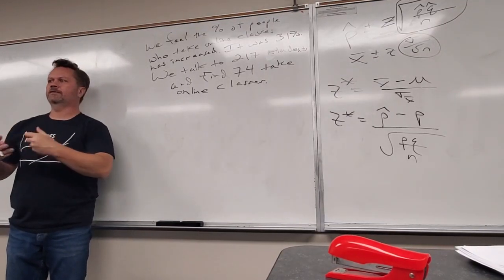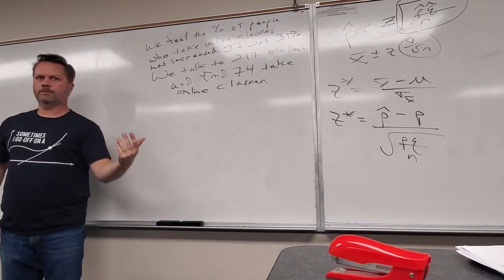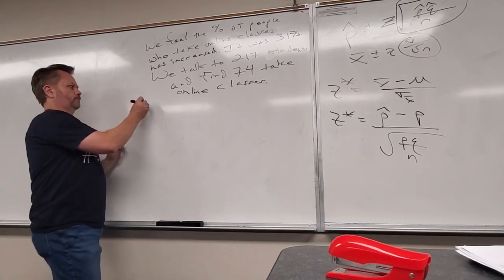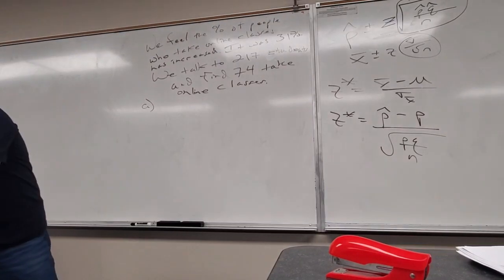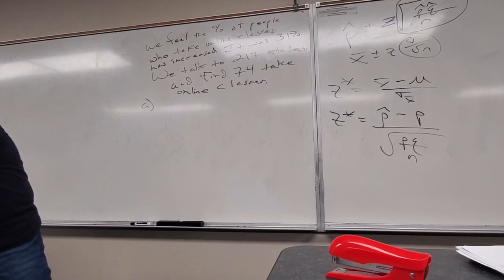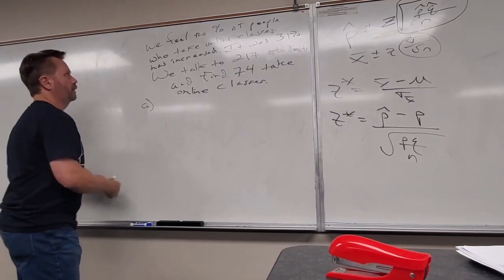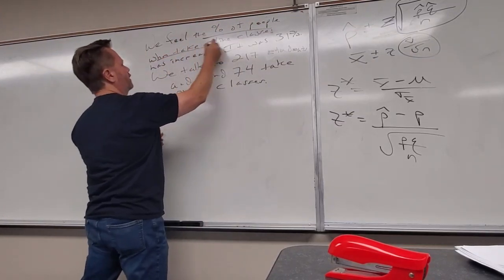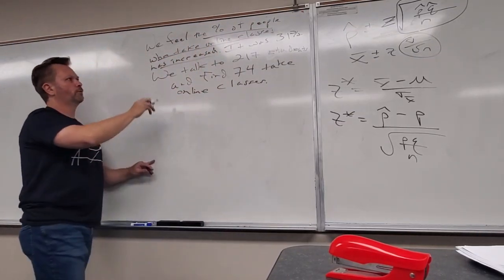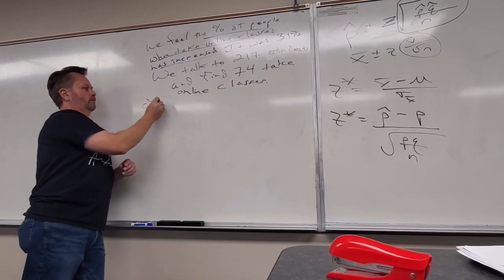Okay. First question is, what's the claim that's being made? Just tell me in English, what's the claim being made? Online classes have increased. Good. So that's the claim. We feel the percentage of people who take online classes has increased. Great. What was it before? 31%.